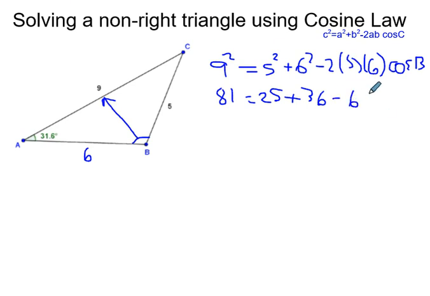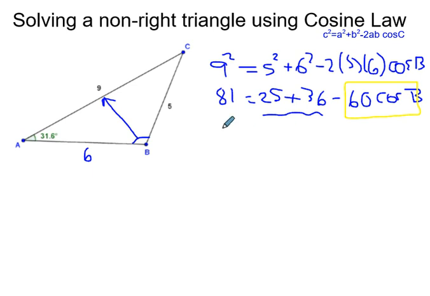So I have this. Now, this is again where some of you, if you go too fast, you have to remember this sticks together. You cannot combine the 60 with the 36 and the 25. So what you have to do is bring these two on the other side. On the other side, you're going to do 81 minus 25 minus 36.